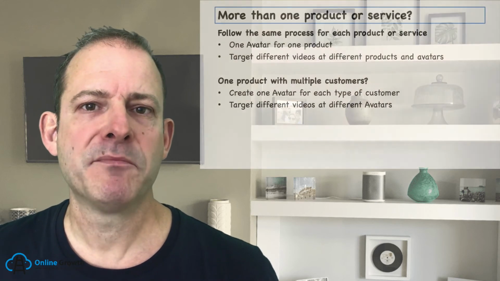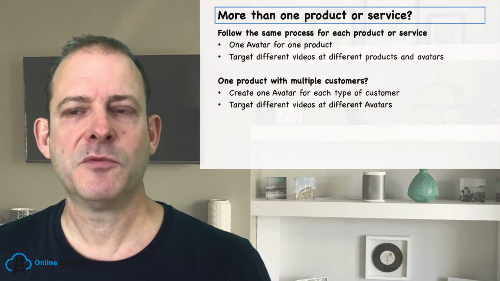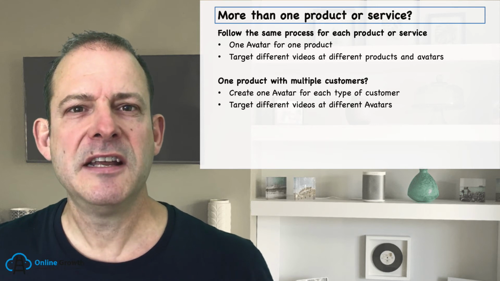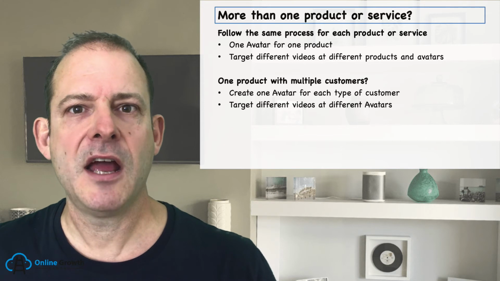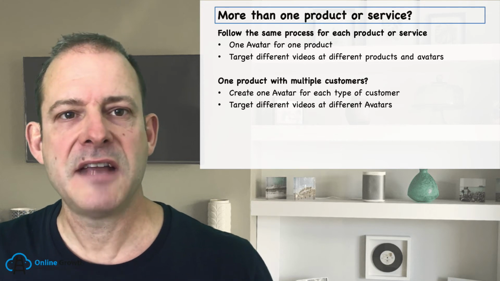So what do we do if we've got more than one product or service? We follow the same process for each product or service that we've got. You need at least one avatar for each of your products. You can target different videos at different products and avatars.